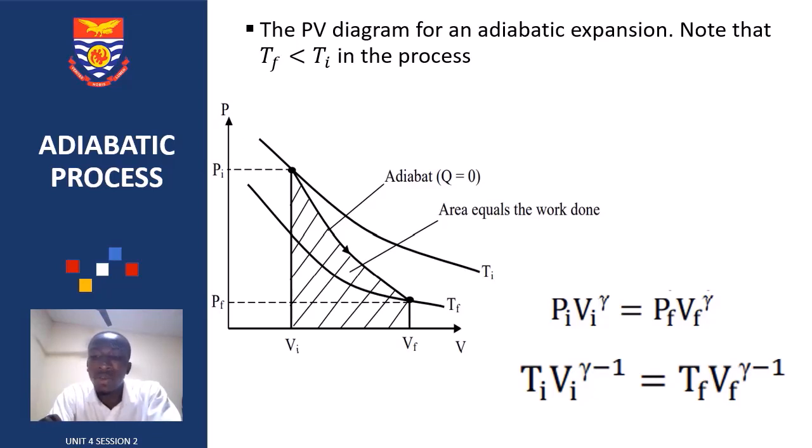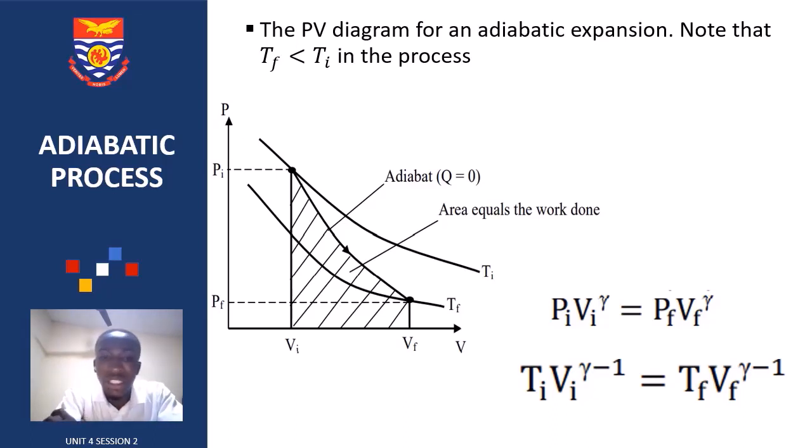Since the gas goes from the initial state i to final state f, we have Pi and Pf, Vi and Vf, and Ti and Tf, where this time around, we have Tf to be less than Ti. So at the end, we can write an expression as Pi Vi raised to the power gamma equals Pf Vf raised to the power gamma.